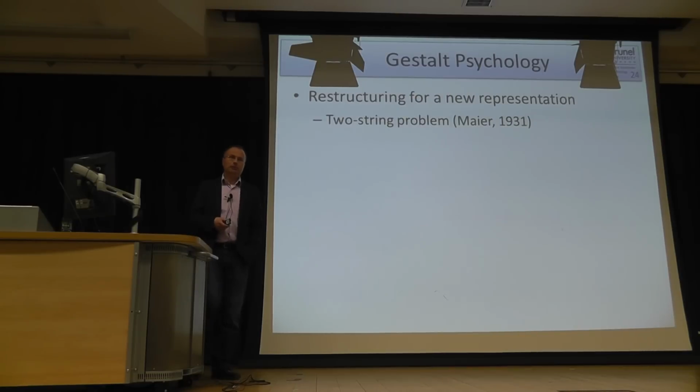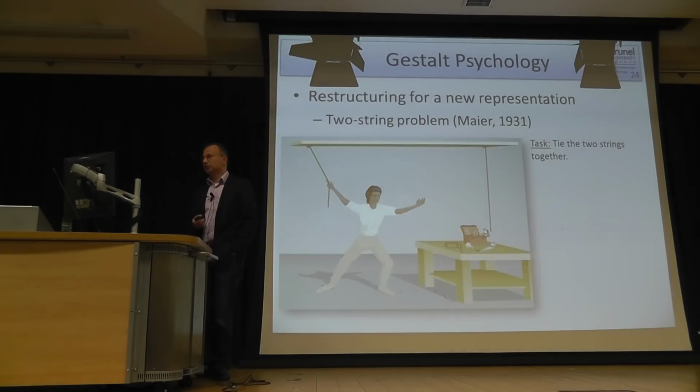Another example where we need such a mental restructuring for a new representation is the two-string problem. And this is a problem which is used with human participants. Here the task is as follows. The participant is in a room, and in the room there are two strings hanging from the ceiling, and you have some additional tools lying around.